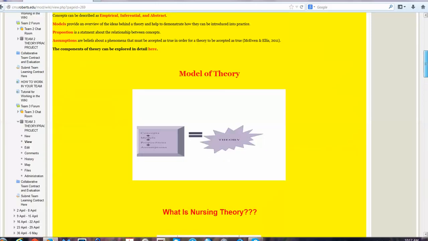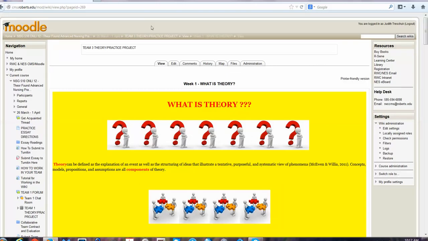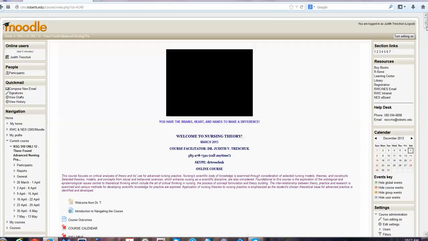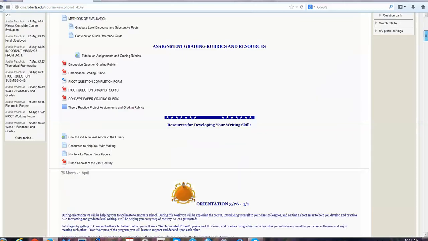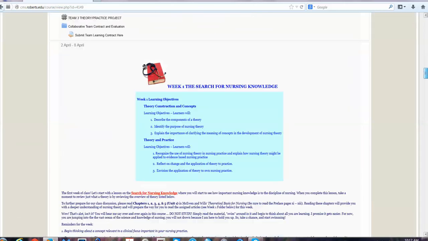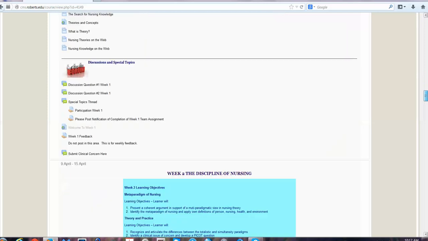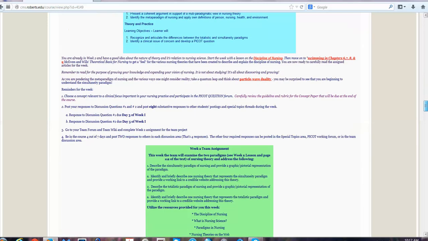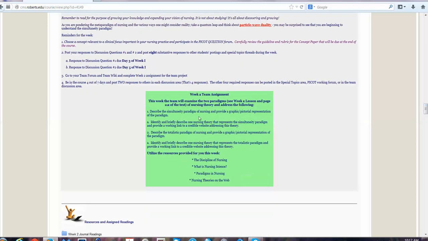So for every week, each team member and team worked in the wiki together collaboratively to answer the assigned area for the week. So let's go into week 2, and I'll give you another quick example. Week 2, they had to look at the paradigms relating to nursing, the simultaneity paradigm and the totalistic paradigm.